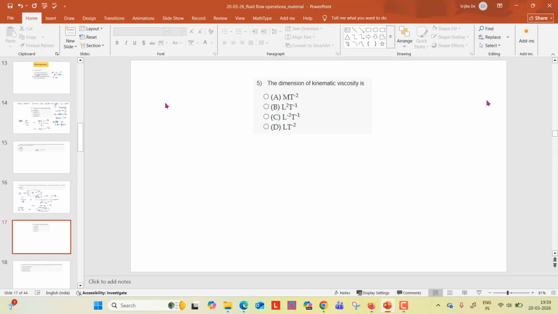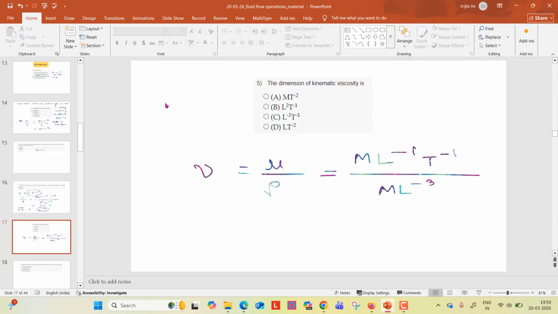Next, the dimension of kinematic viscosity. So kinematic viscosity is mu by rho, dynamic viscosity by density. So mu is Pascal second. We have just seen that its unit is m L to the power minus 1 t to the power minus 1 by m L t to the power minus 3.